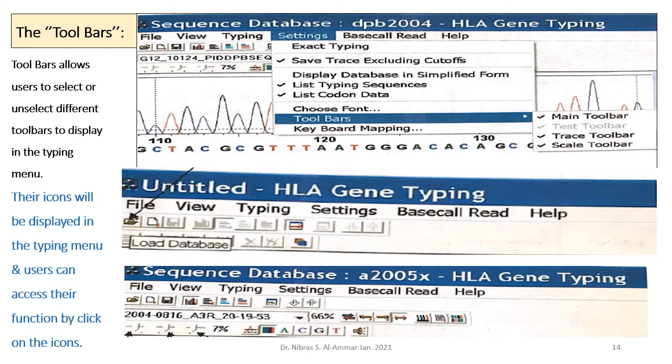As you can see here, many submenus: exact typing, base call read, save trace excluding cutoff, display database in simplified form, list typing sequence, list codon data, choose font, toolbars, keyboard, mapping, and in the toolbar we can choose the main toolbar, test toolbar, trace, or scale toolbars.